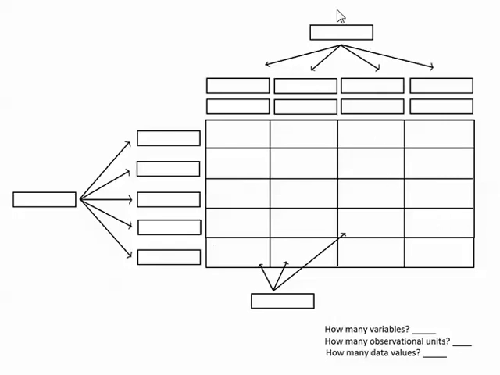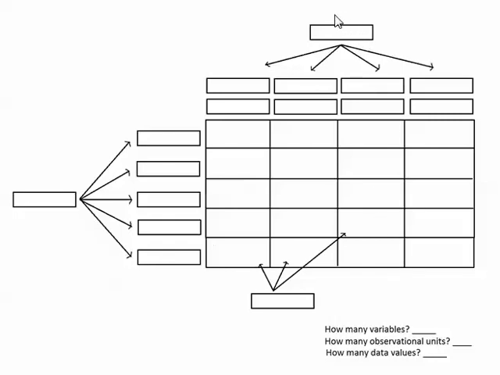Once you do that, fill in these 3 boxes that are next to these arrows right here. One of them should say variables, one of them should say observational units, and one of them should say data values. And just fill in the 3 blanks. And after you fill in those 3 boxes, answer these 3 fill-in-the-blank questions about how many variables you have in your data set, how many observational units, and how many data values.